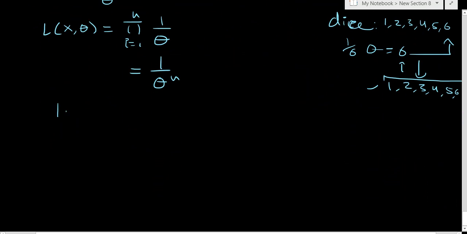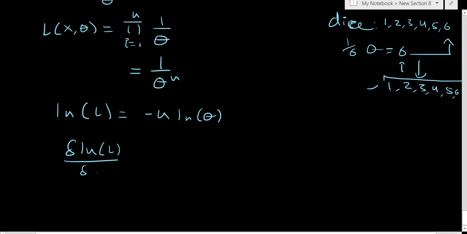If I take a log, then ln of L would be equal to minus n log of theta. And if I take a derivative of this, d ln L over d theta is equal to minus n upon theta. And if I equate it to 0, I get an absurd value for theta, that is theta is equal to infinity.